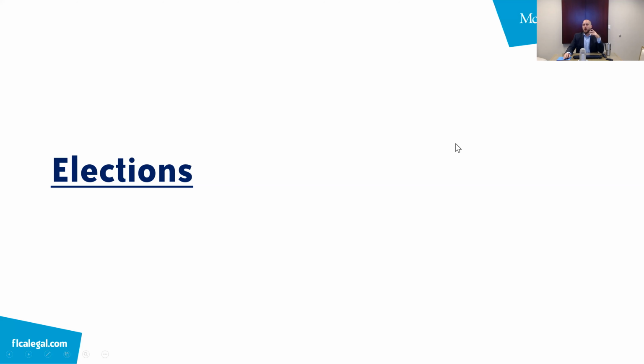Whoever you're naming as your proxy holder needs to be there in person at the meeting, because that's the whole point, right? If you execute a proxy, it's because you can't be there, but this person is going to be there for you, and that person should still show up.